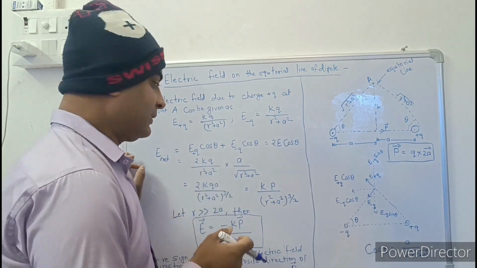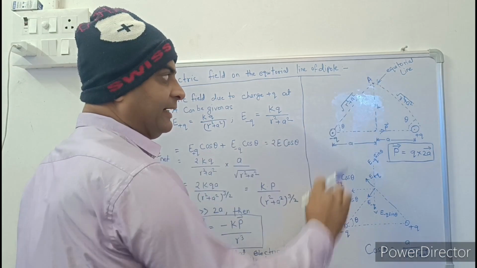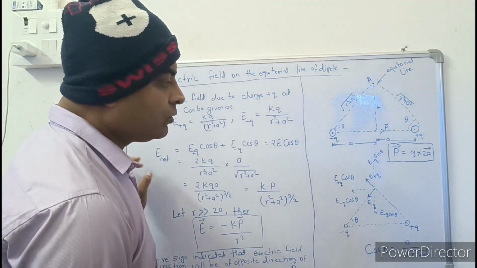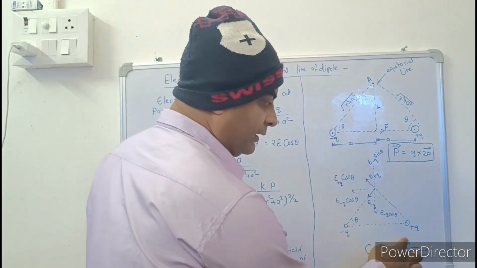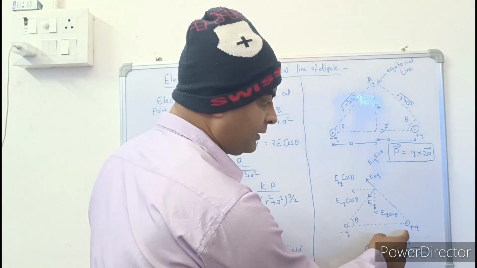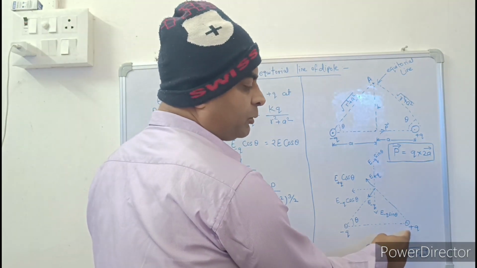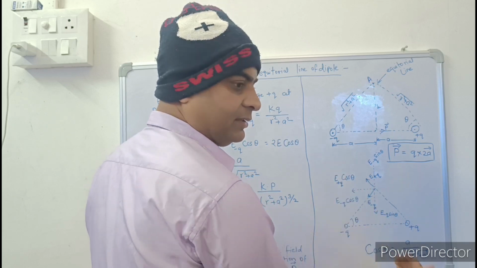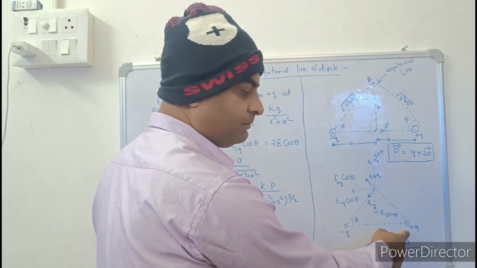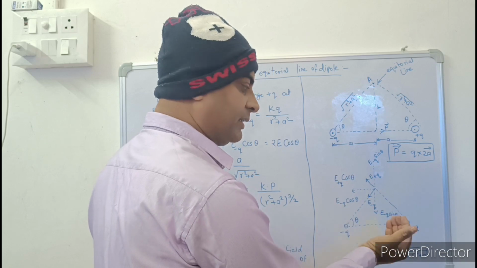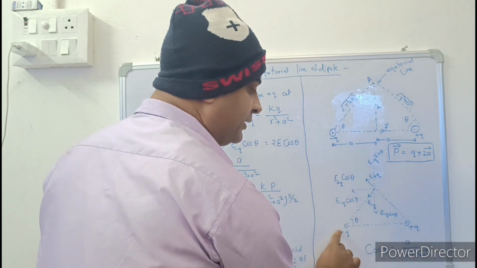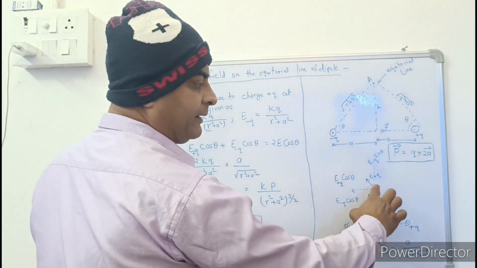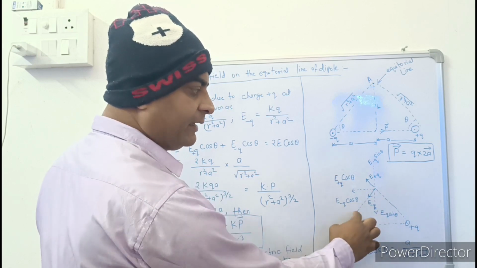How will we calculate the net electric field at A? If you see this figure, due to the positive charge the electric field at A will be radially outward, as you already know, and due to the negative charge at point A it will be radially inward.